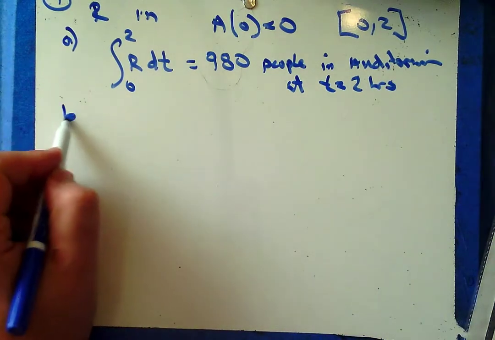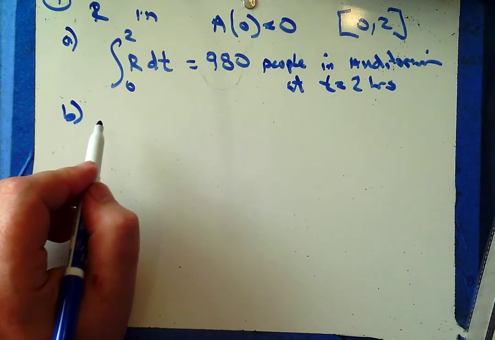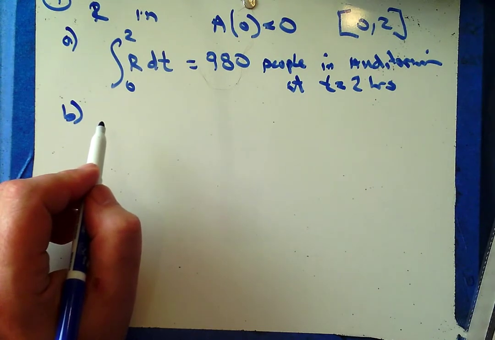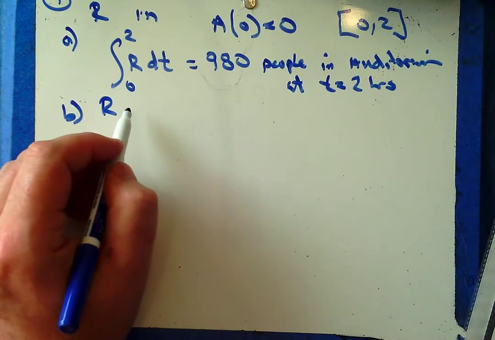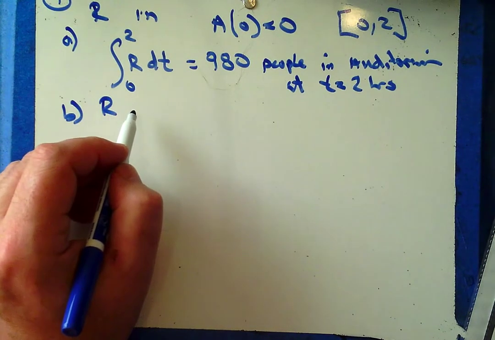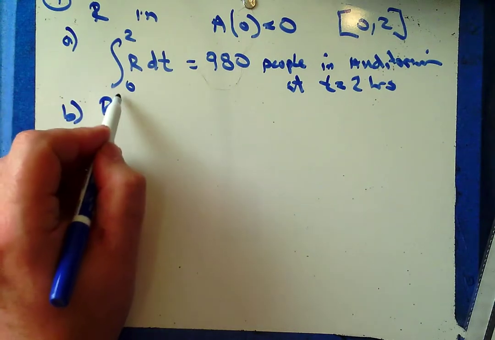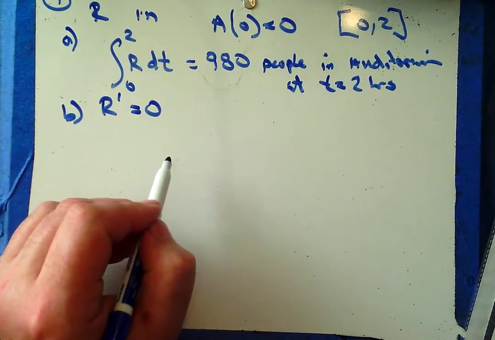Okay, B. Then they say find the time at which the rate at which people enter is a maximum. So I want to know when the rate is a maximum. That means I want r prime equal to 0.